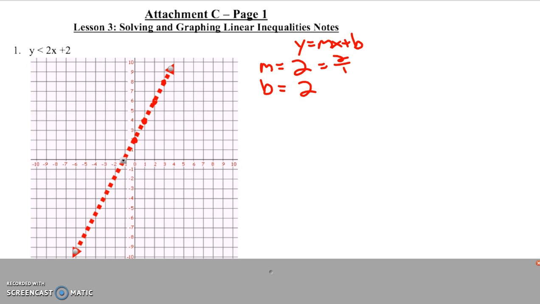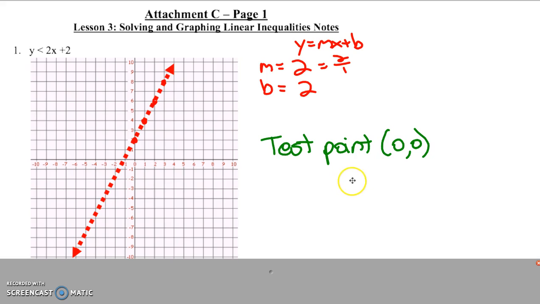We do this by picking a test point, and the easiest one to pick is usually the point 0, 0. So let's go ahead and pick the point 0, 0 and plug it in to the original inequality. If you plug it in and it's true, it works, then you shade that side of the line. If it's not true, you shade the other side.